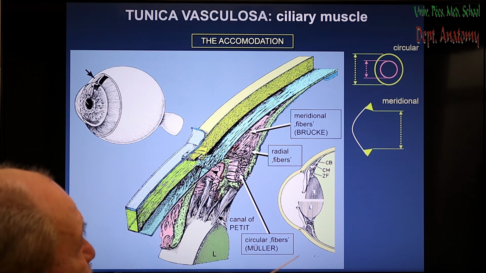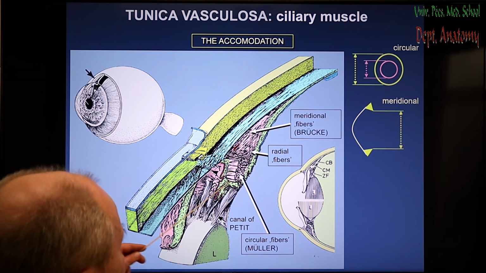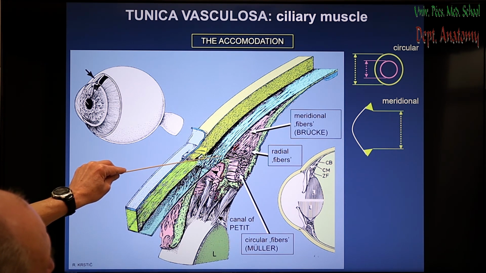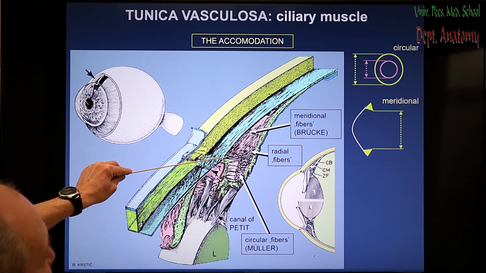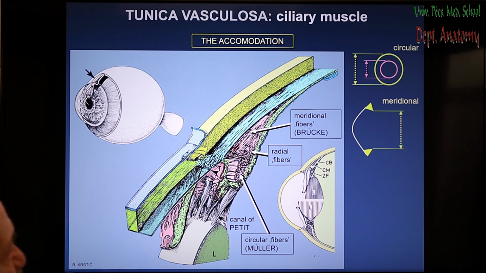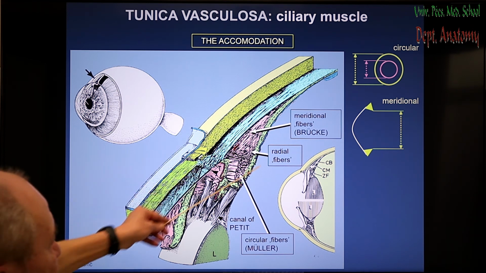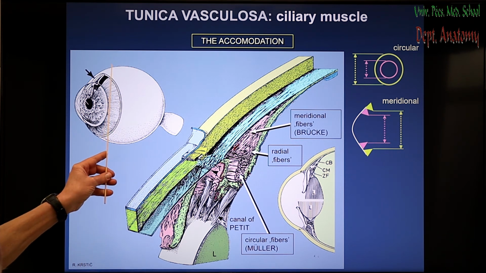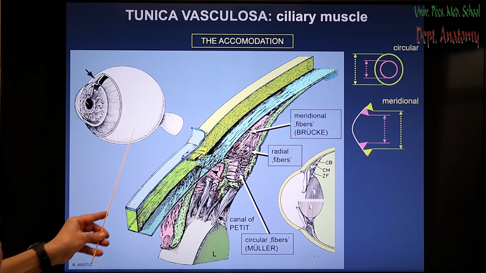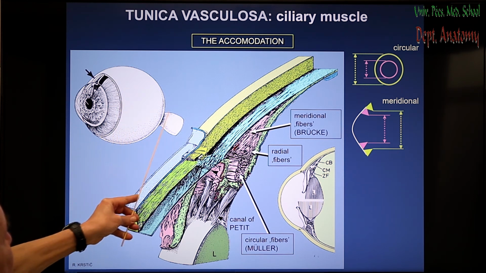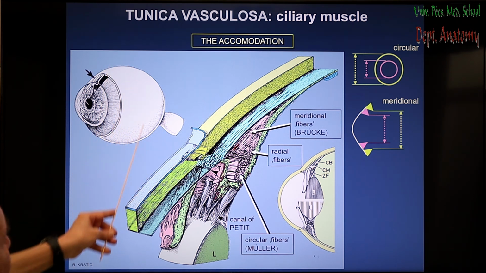Also the meridional fibers: when they contract, the anterior attachment of these cells should be considered as more fixed. So accordingly, they can pull the complete ciliary body anteriorly, and no matter which direction from the vertical meridian we go, both anteriorly and posteriorly, the diameter of the eye becomes smaller.